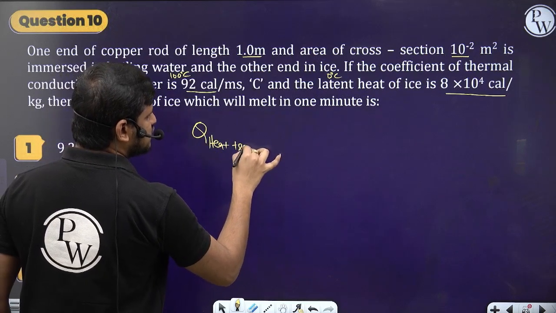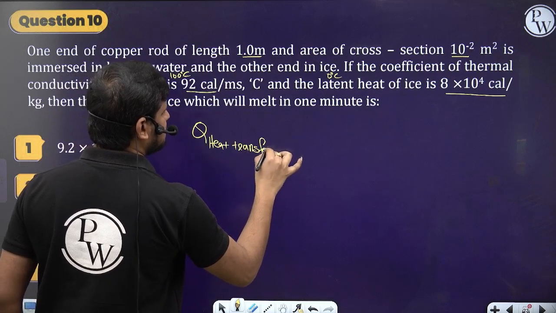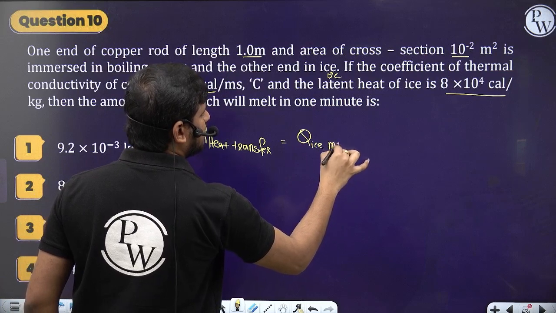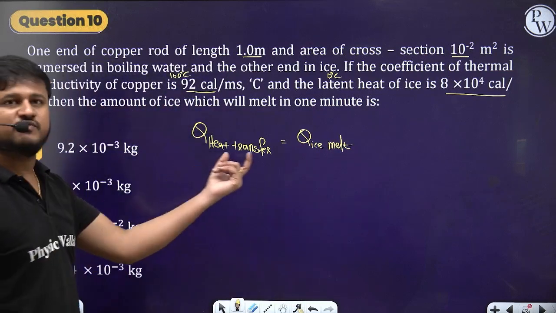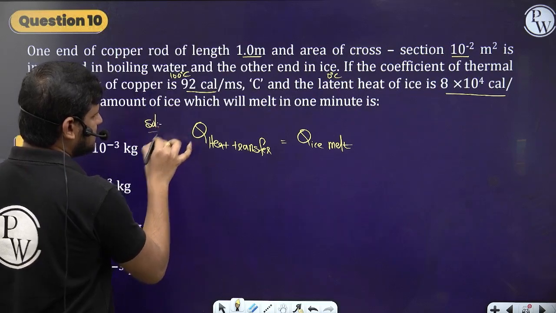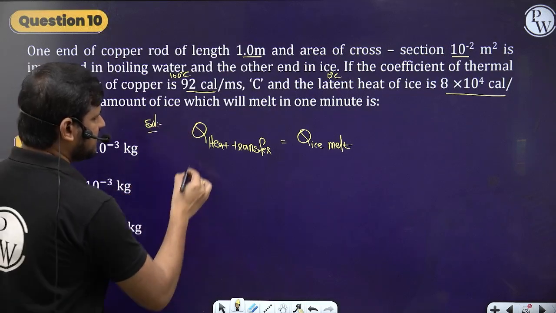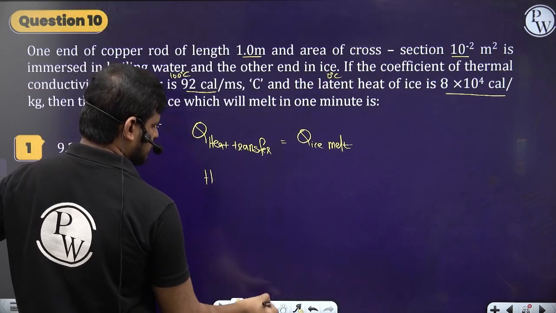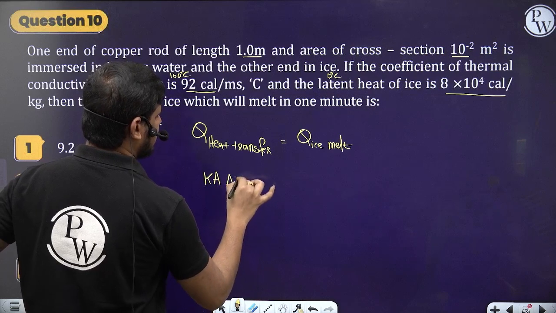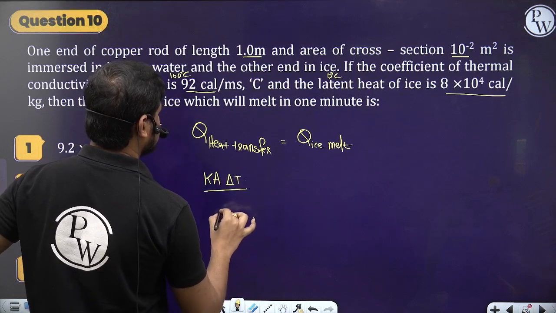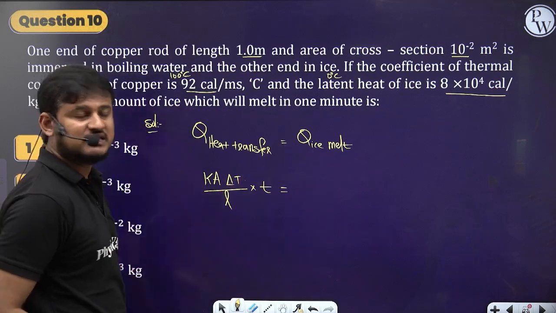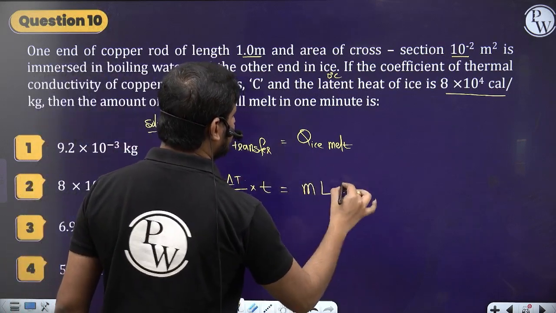that will be used to melt the ice. So the heat required to melt the ice, that's it. This concept, if you can understand, you can solve it easily. So here, the rate of heat transfer, K A delta T by length L into time T is equal to the heat required to melt the ice, which is M into L, that's it.